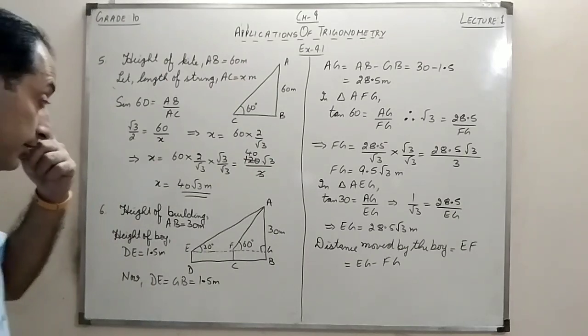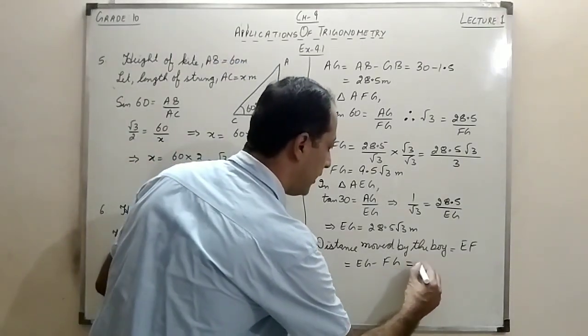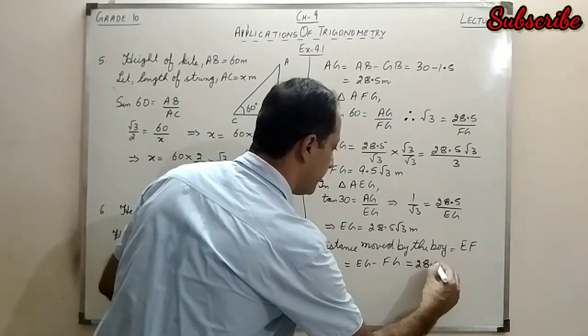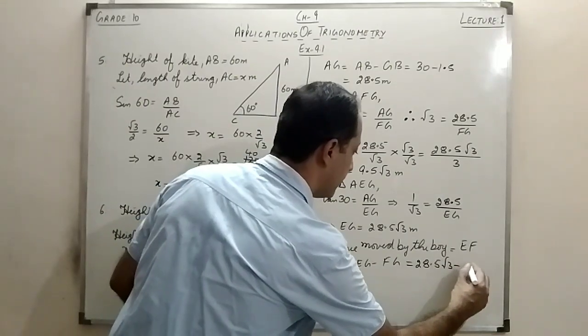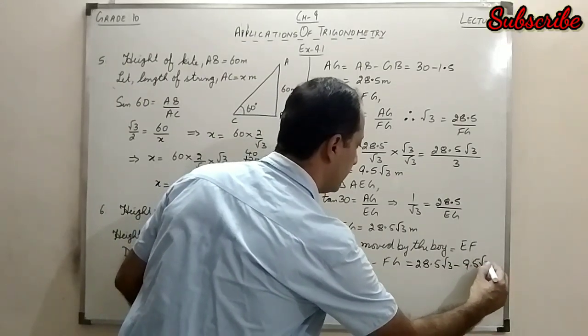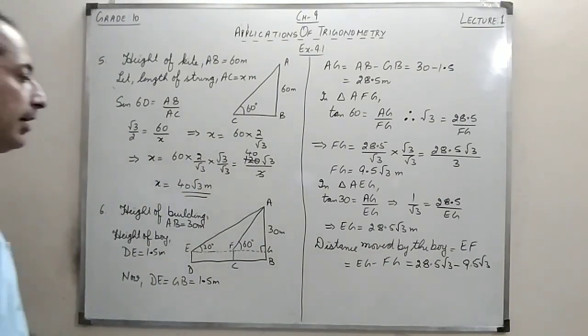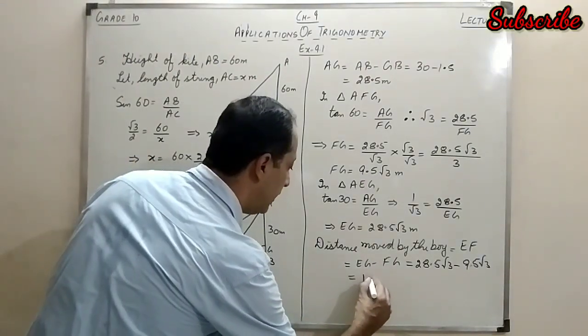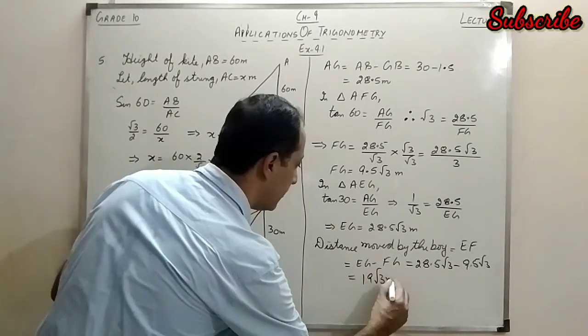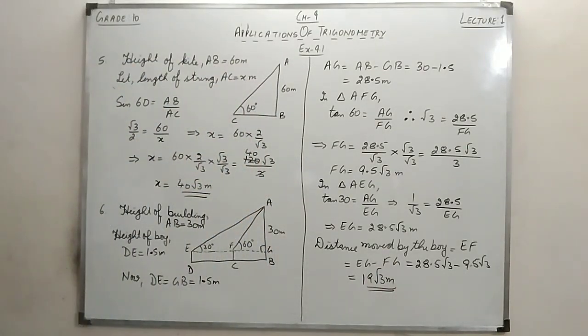So we subtract these two: 28.5 root 3 minus 9.5 root 3. Subtracting, we get 19 root 3 meters. So this is the distance moved by the boy.